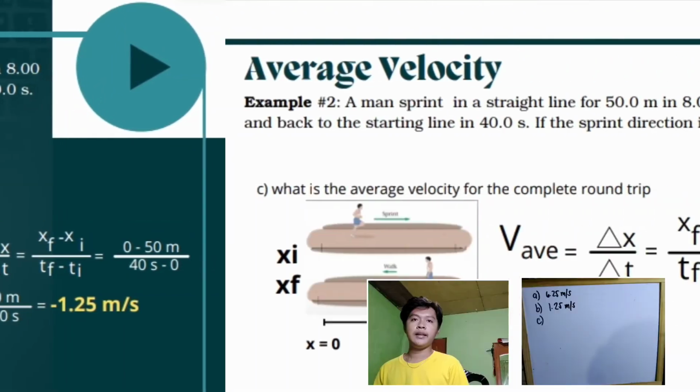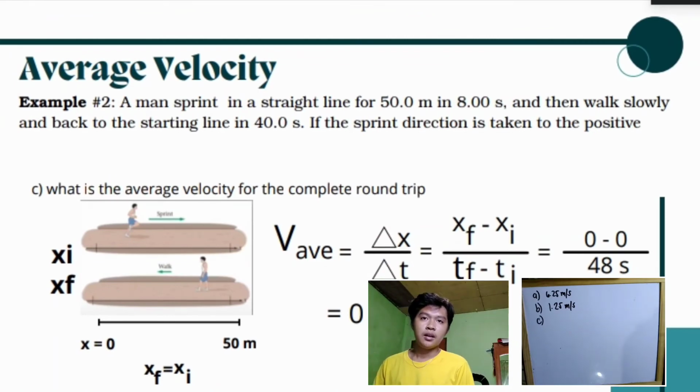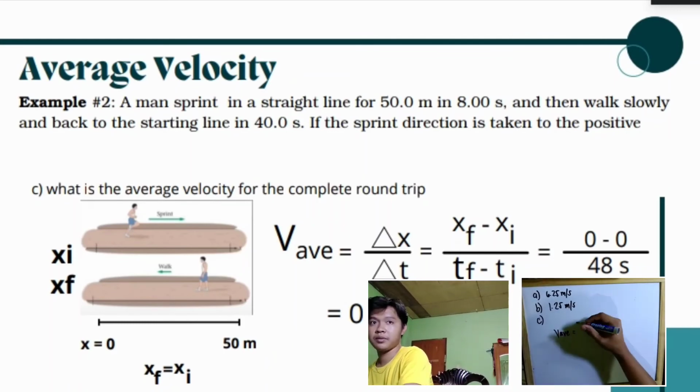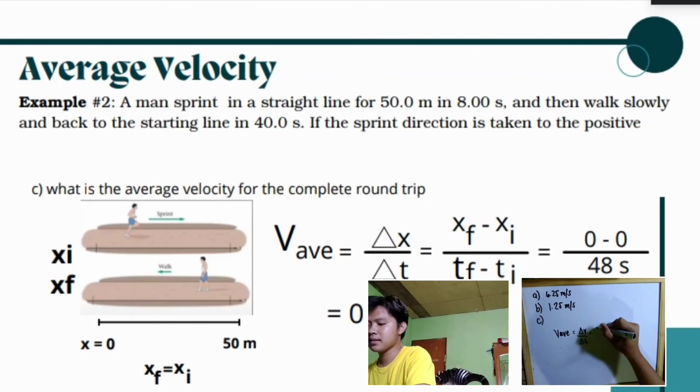And now, in letter C, what we are looking for is, what is the average velocity for the complete round trip. So we have here V average equals delta x over delta t equals final position minus initial position over final time minus initial time.